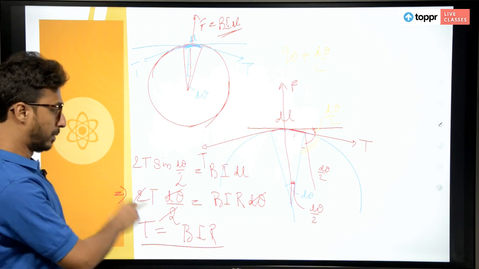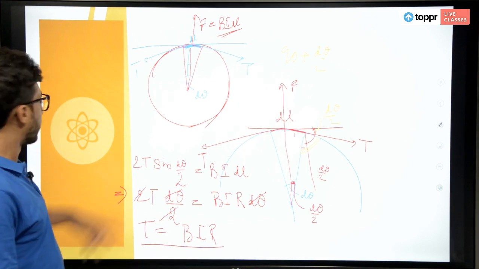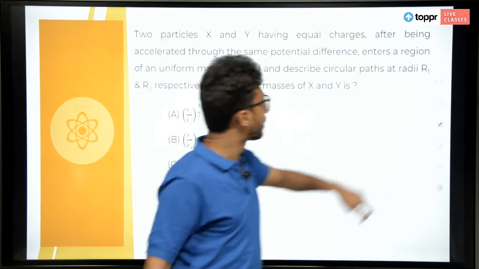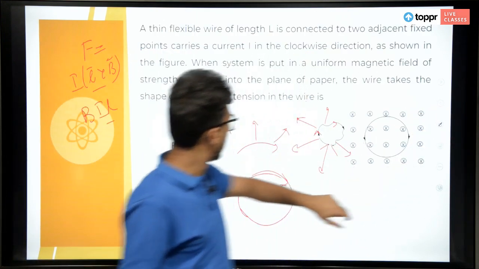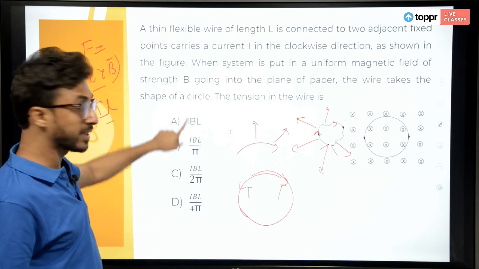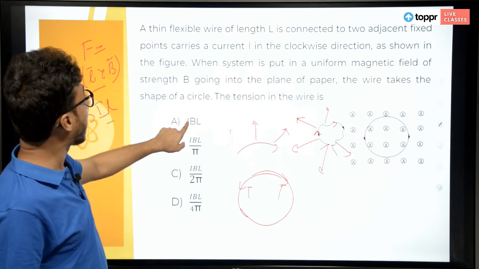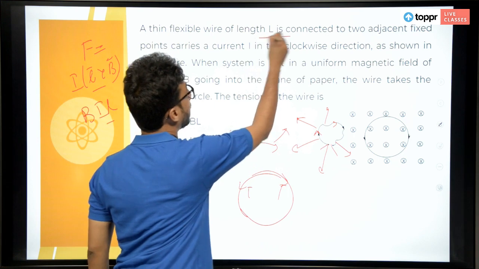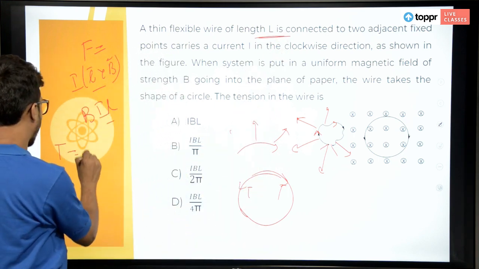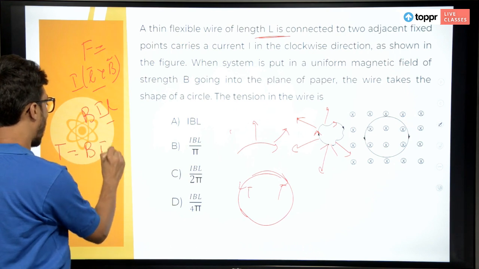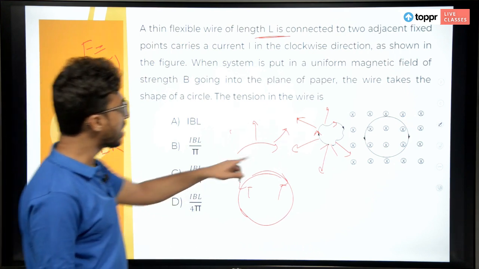Now when tension T equals BIR, let us see if we can find the answer. The answer does not have R, it has L, where L is the total length of the conductor. So what we have found is T equals BIR.